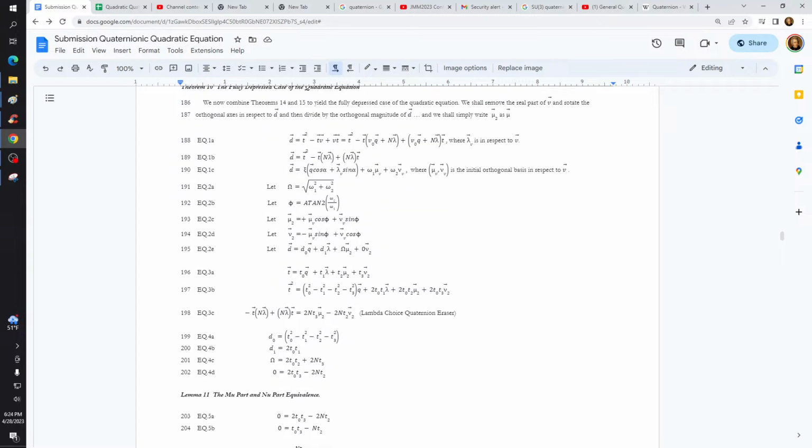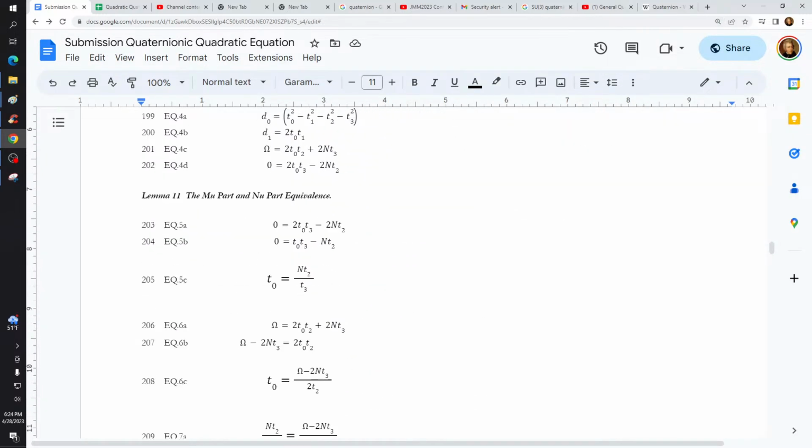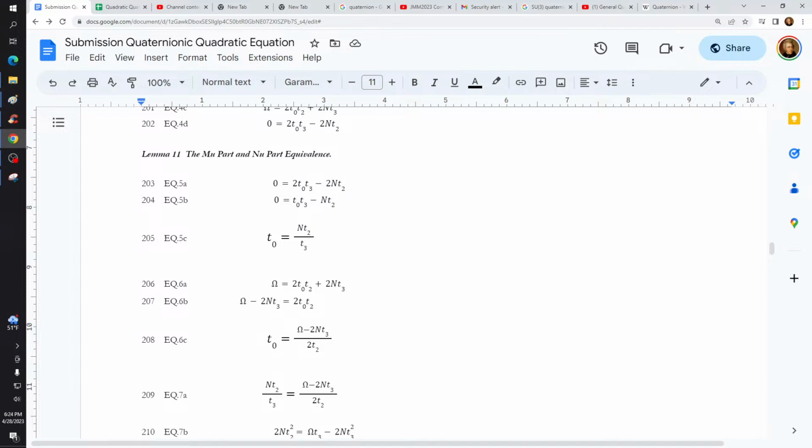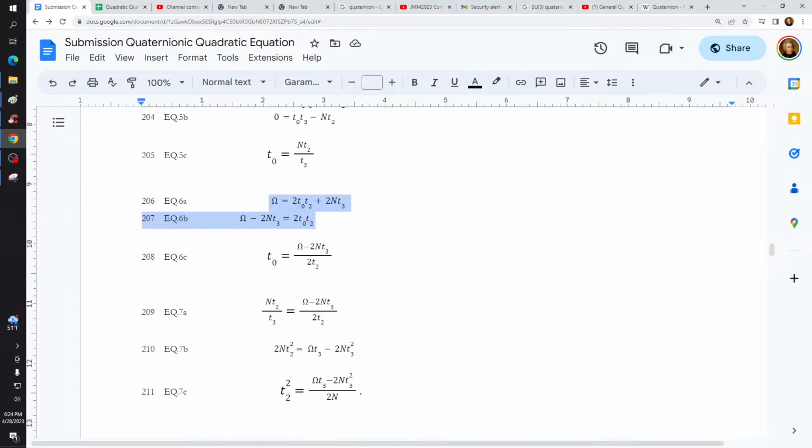And we'll just skip to that now. So here we're at this point in the paper, if you followed so far. When you take this system of equations, you end up with t null equals n t2 over t3. And then you solve for t null again, and you get t null also equals omega minus 2n t3 over 2n t2.